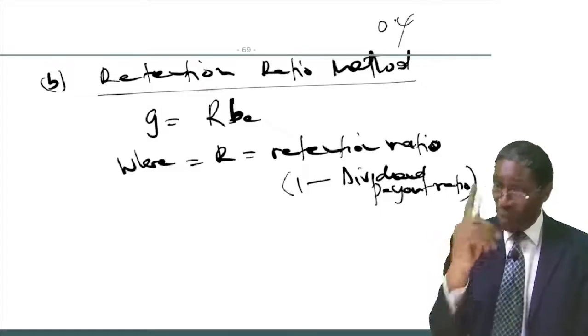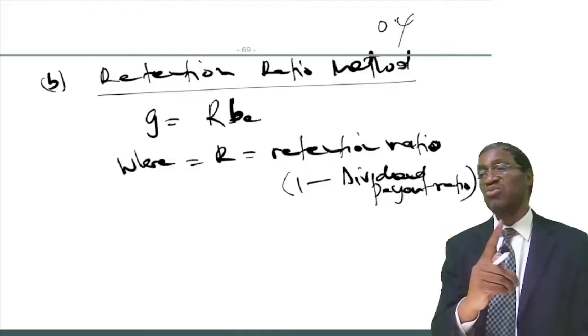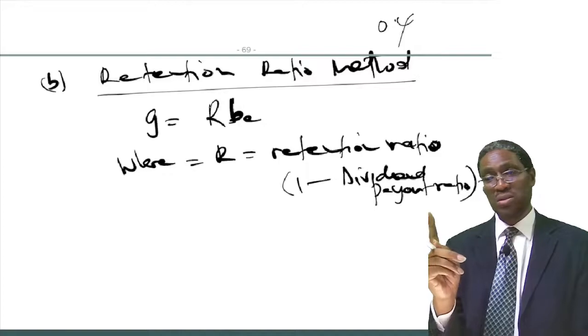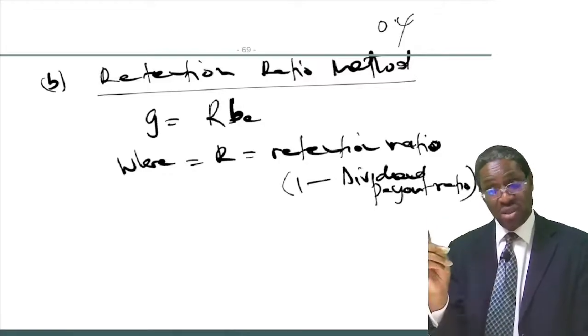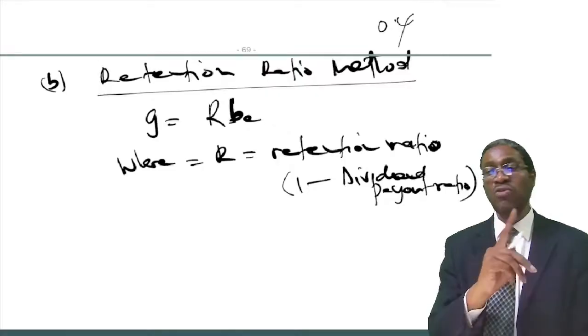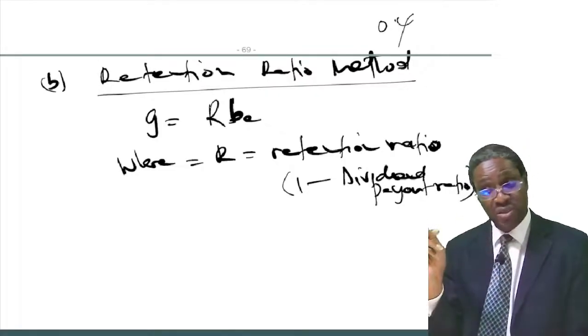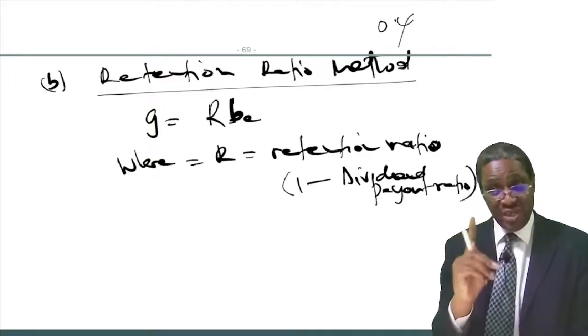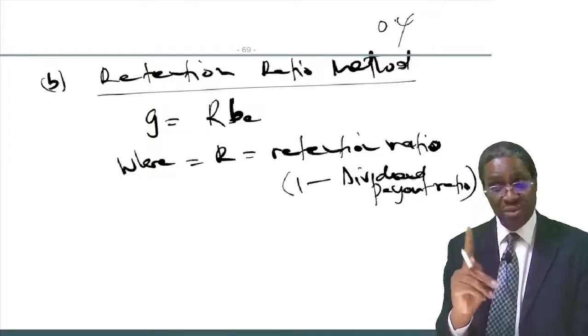So our total earnings were 5. That represents 1. If they distribute everything, then there is no retention. Out of 5, if they distribute everything, the whole 5 becomes the dividend payout. If they keep everything, then there is no payout.